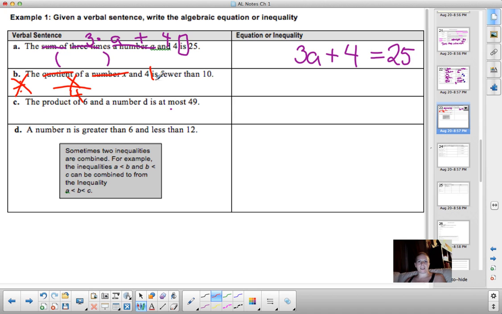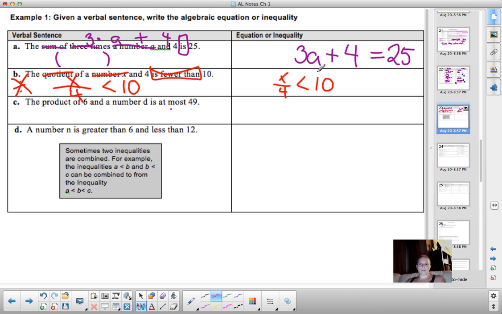"Is," and this is followed by an inequality statement, "is fewer than." So this fraction is smaller than 10. The quotient of a number and 4 is fewer than 10.